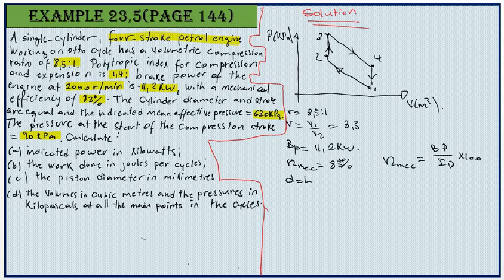We are also given the mean effective pressure. The mean effective pressure is the pressure that is considered to be constant, so we are assuming that the pressure in the engine was constant. The pressure at the start of the compression stroke is 90 kilopascal, which represents P1.